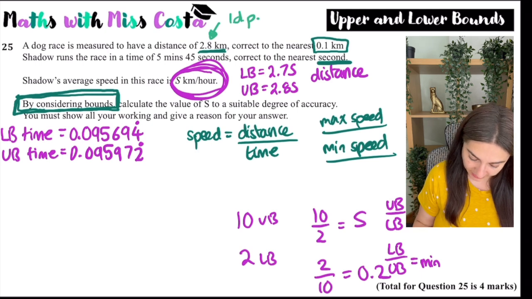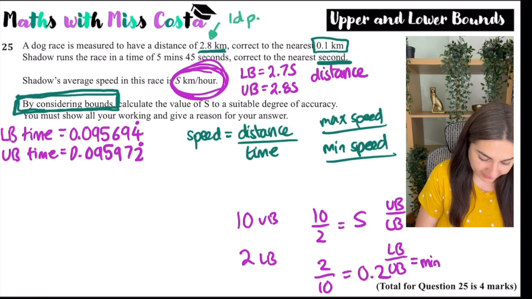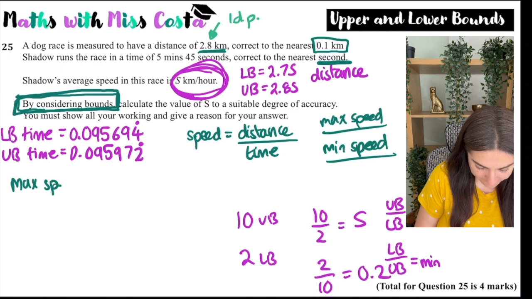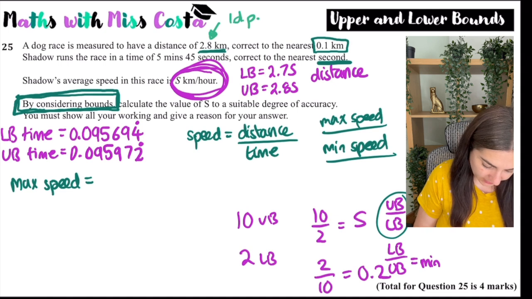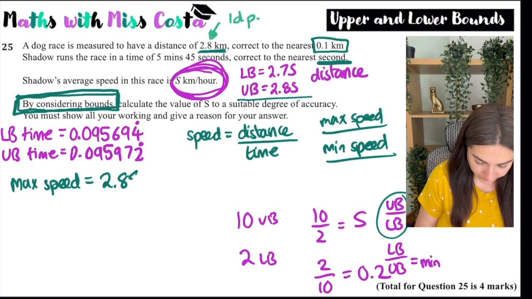So let's do that. To work out the max speed, I'm going to do upper bound divided by lower bound. So upper bound of distance is 2.85 divided by lower bound of time, which is 0.095694.